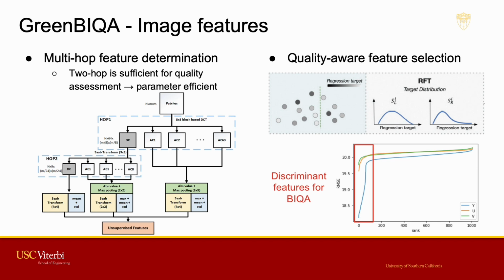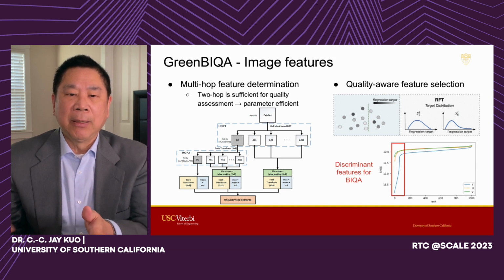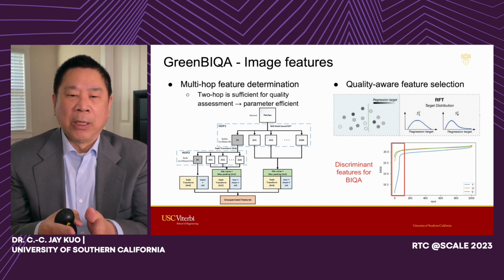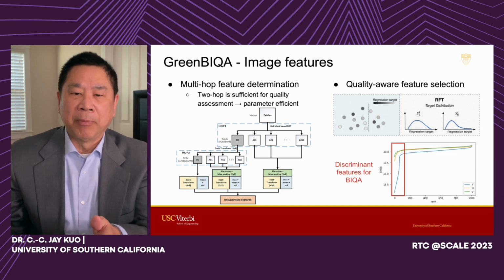On the right-hand side of the slide, we try to check the discriminant power of each feature. So we basically have the feature from the minimum to maximum, and then we try partitioning in different locations between the minimum and maximum.